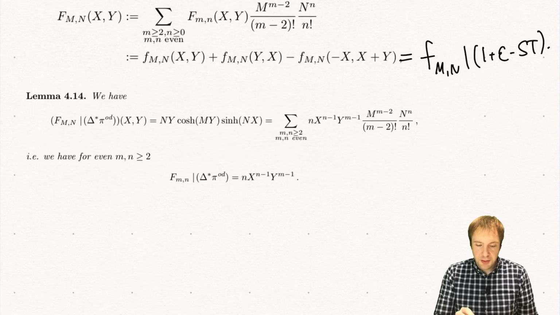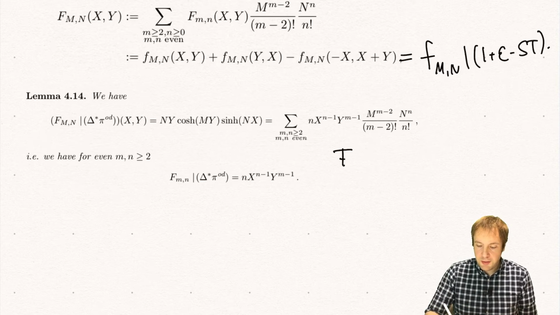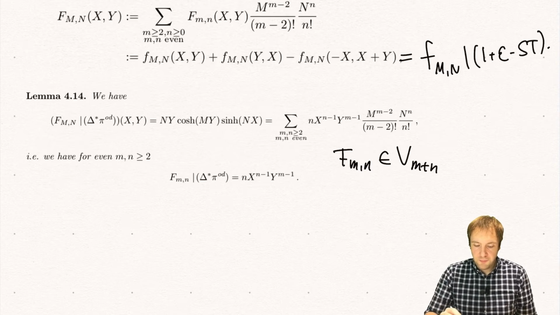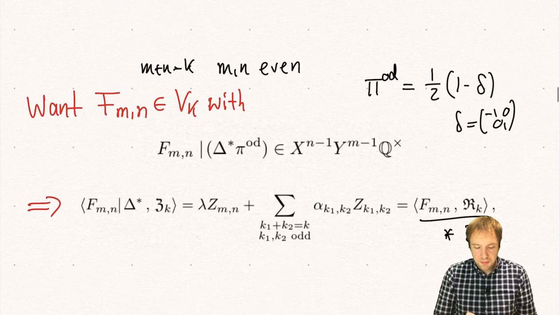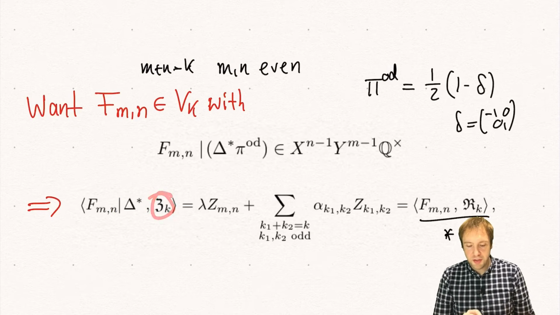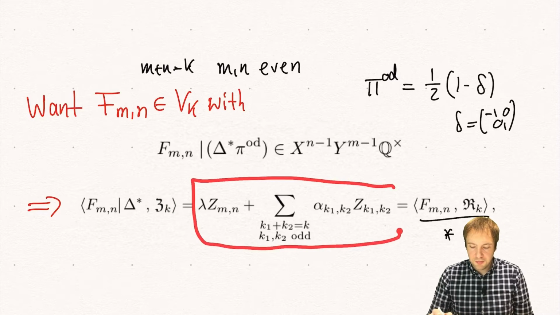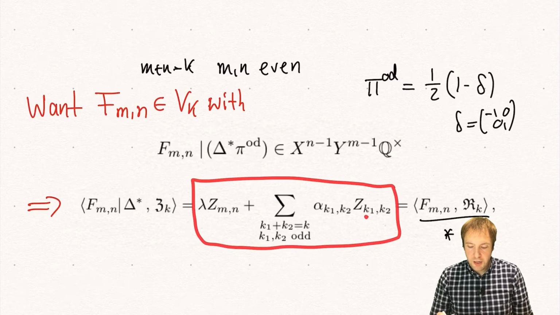And therefore we get explicit Fmn in this V_{m+n}, such that if we slash it with delta star and then take the pairing with the generating series of these double zetas, we get exactly this linear combination here, where everything is odd except for Zmn.